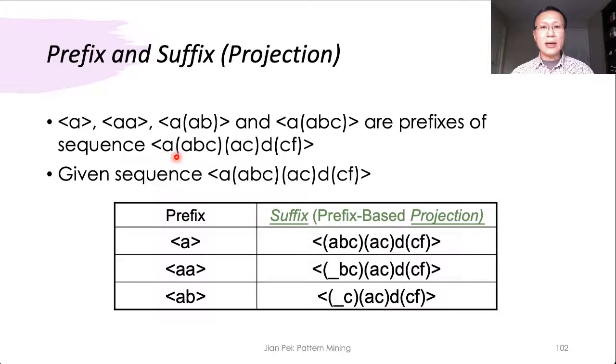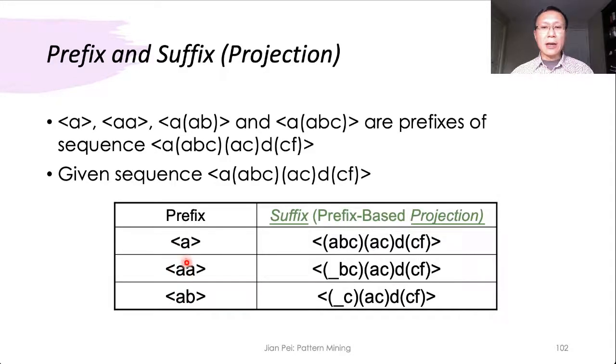And ab is also a prefix. Given this sequence, we can have different prefixes.